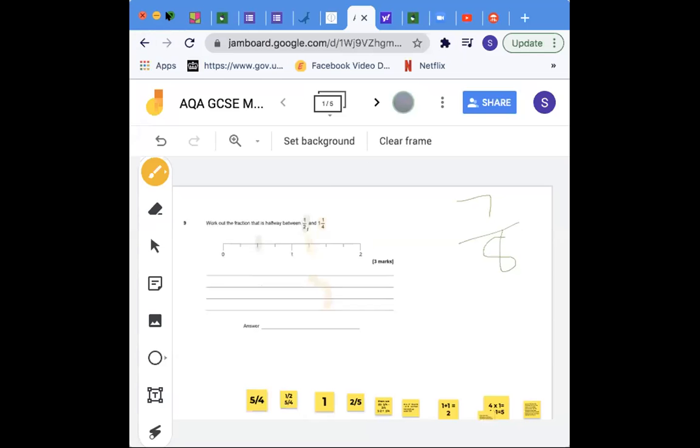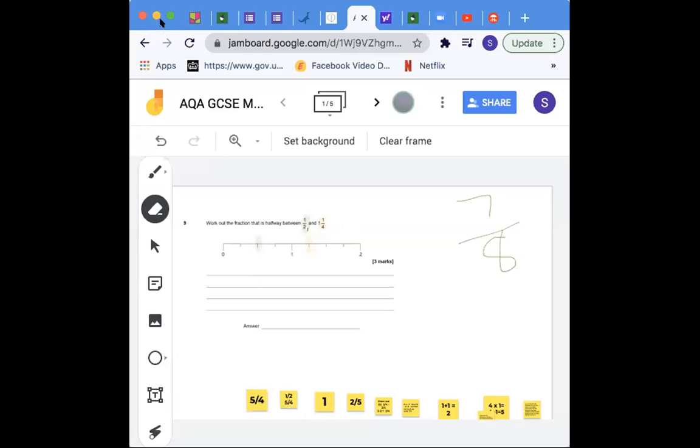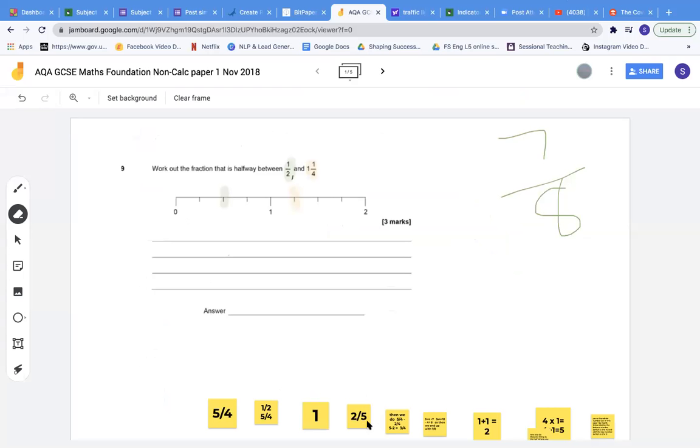I don't know why that's not working. Can you see it now? No, still nothing coming up. How strange. It should be sharing now.